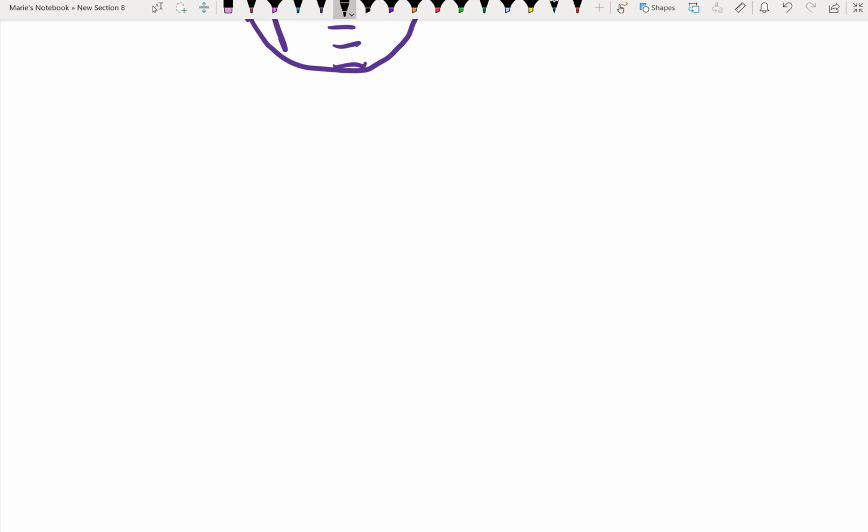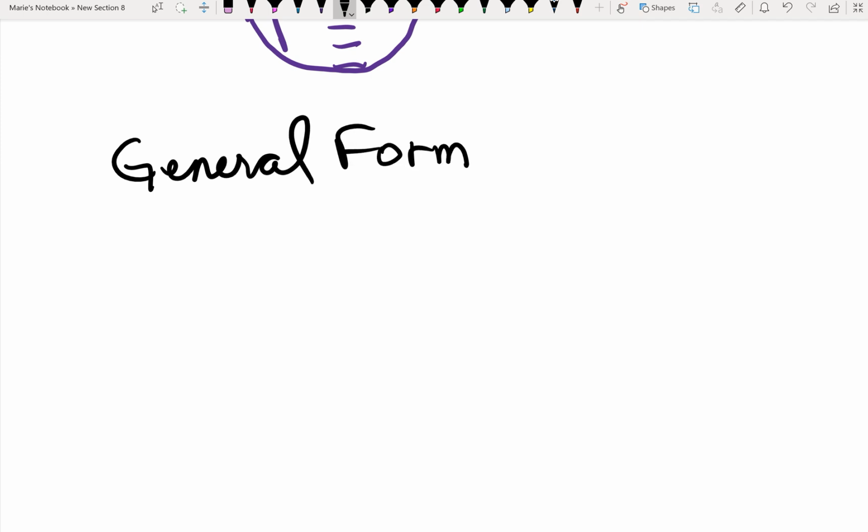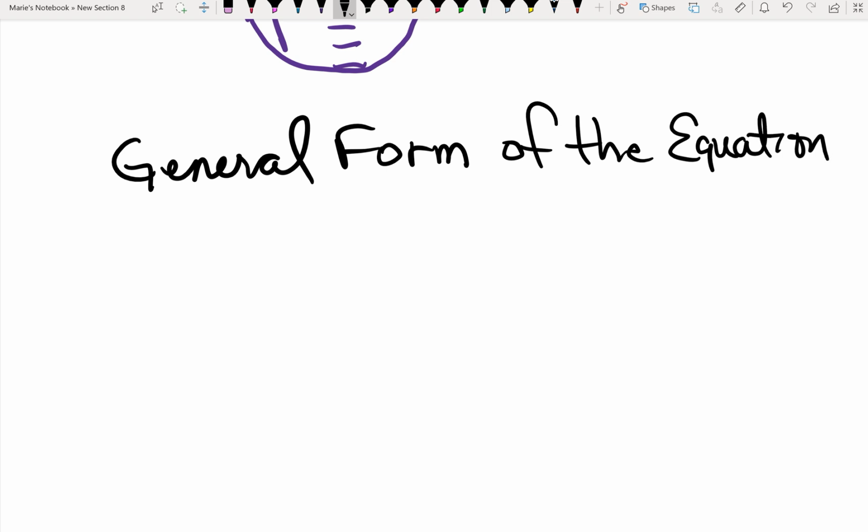You learned it. Done. So we're talking about the general form of the equation of a circle.